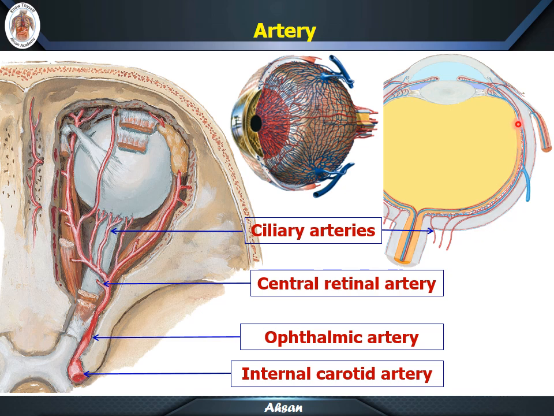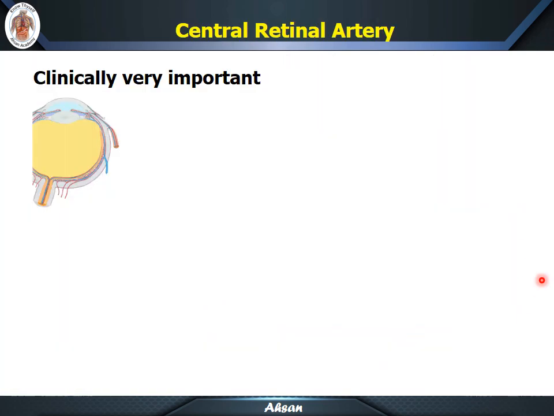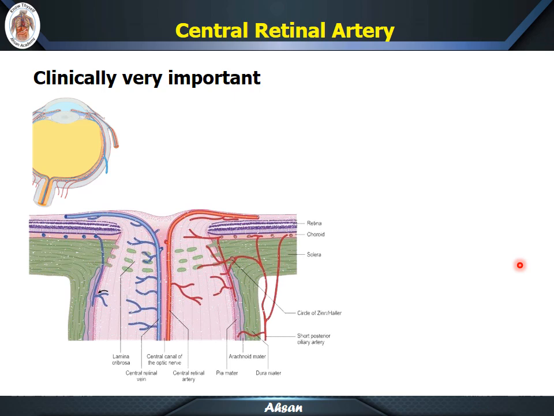They break up in the vascular layer of the sclera as well as the choroid. This is the central retinal artery going inside through the optic disc and spreading over the retina. The central retinal artery is clinically important, and you can see it going inside and spreading all over the retina to supply the retina.